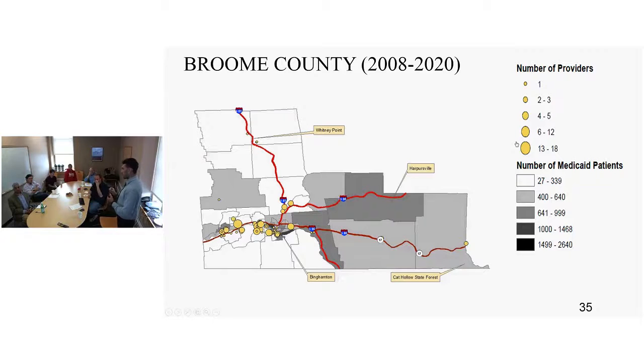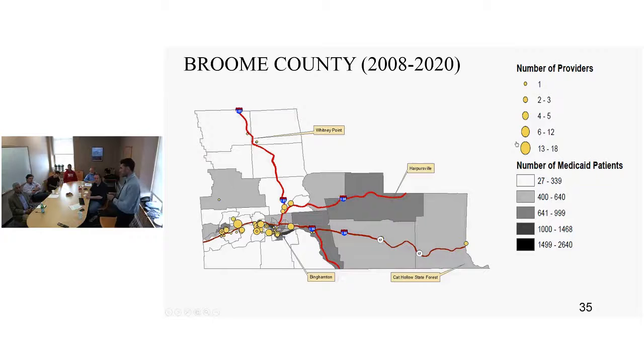I divide that number by the whole number of Medicaid enrollees in the county, and I get a fraction. That fraction from 2013 to 2015 was almost the same. That's one of the assumptions we have made. So I'm using that fraction for all of those 12 years, from 2008 to 2020.